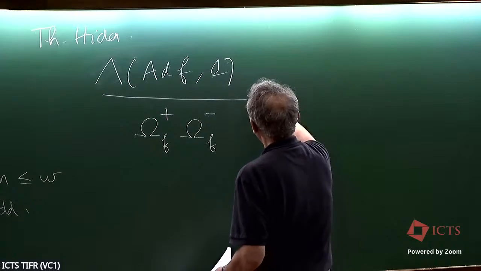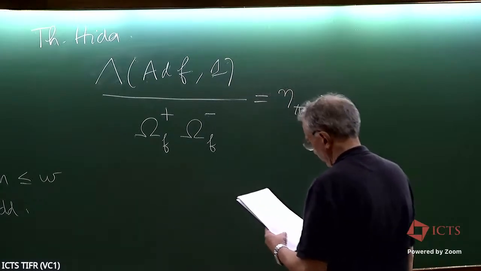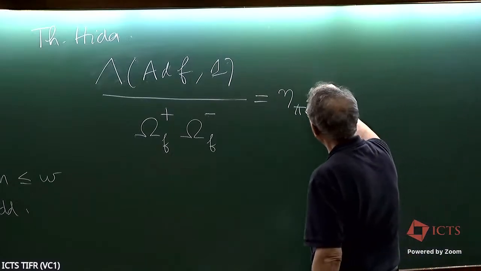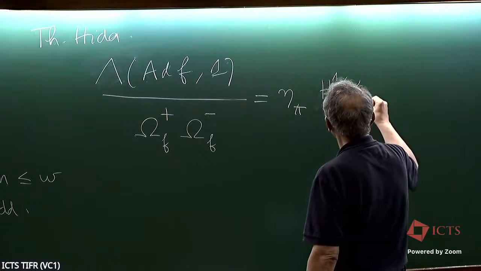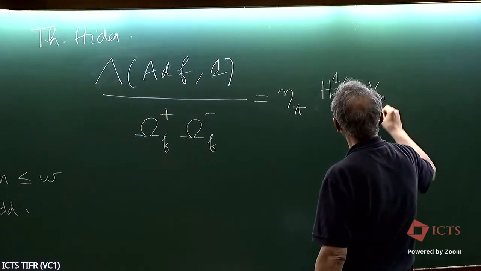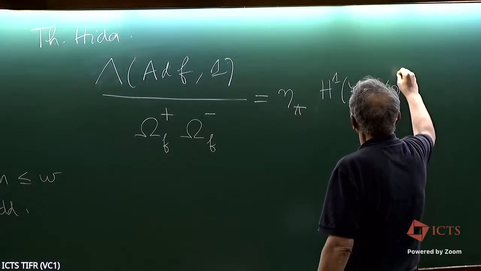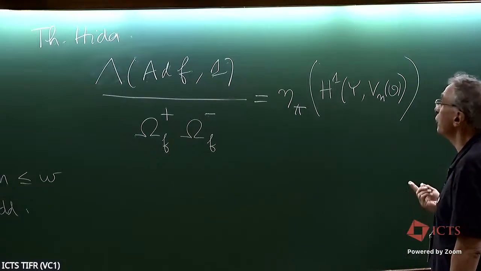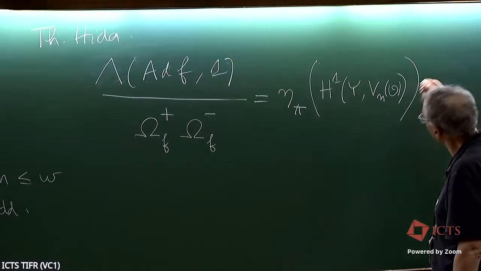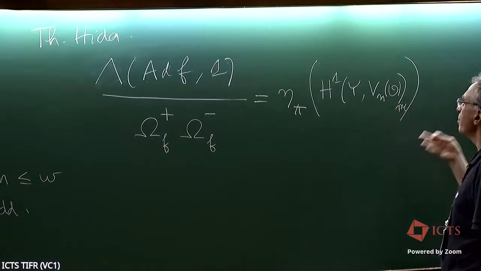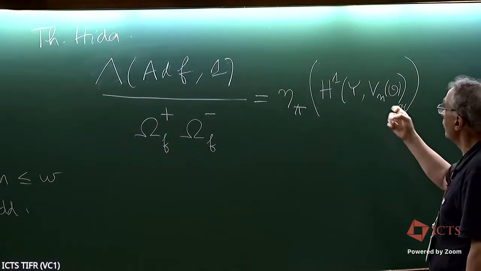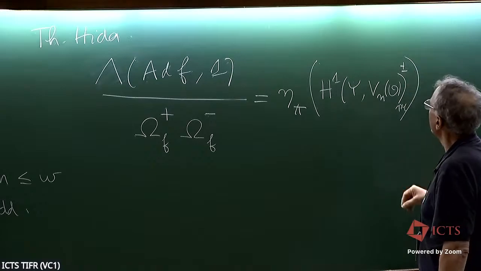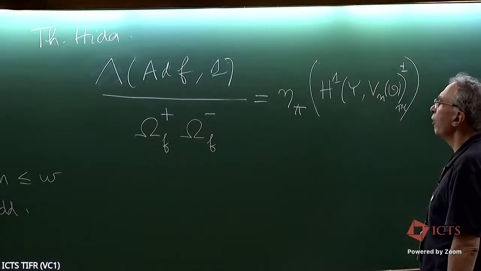Well, this is equal to eta pi. Actually, this is equal to eta pi of some module, namely the H1 of the modular curve with coefficient in Vn of O. So that should be this module, but it turns out that by the work of Hida, Wiles, this is free over, or maybe you put a plus minus, I will explain, this is free over the Hecke algebra.